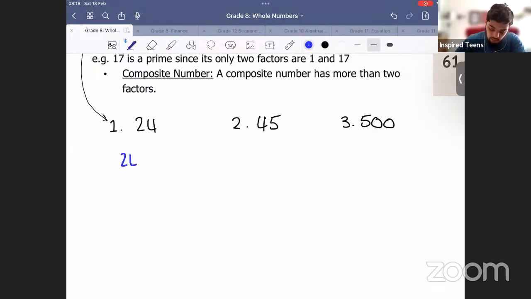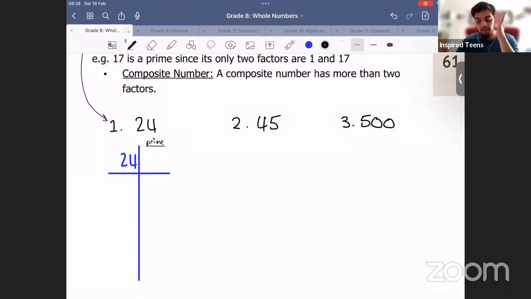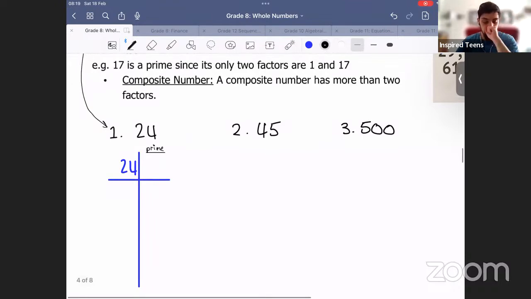So basically, we're going to take the number, which in this case is 24, and we're going to create 2 columns like this. On the left-hand side we have the number first, but on the right-hand side we're only going to divide this number by prime numbers until we get to 1.